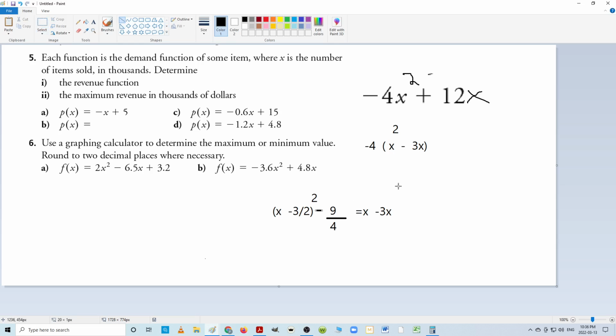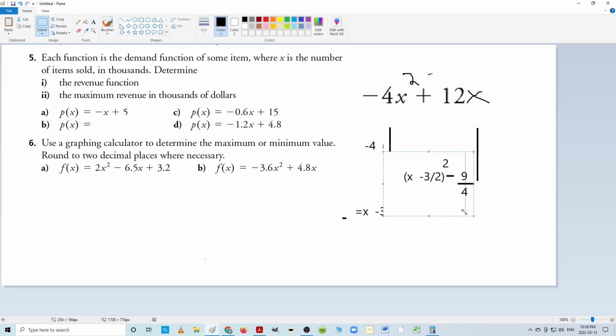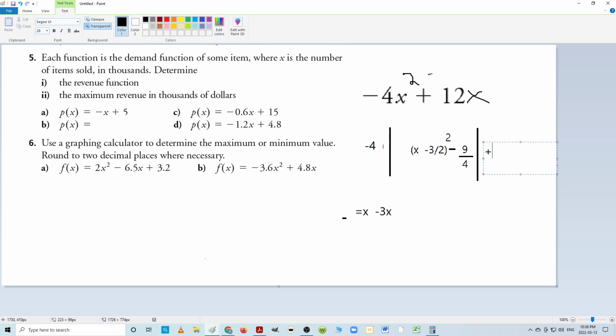which means I can replace everything up here inside a bracket, a giant bracket like that, with this. And to get the 9 over 4 out, I have to multiply it by the minus 4. The 4's will cancel out, and I'll be left outside with a plus 9.